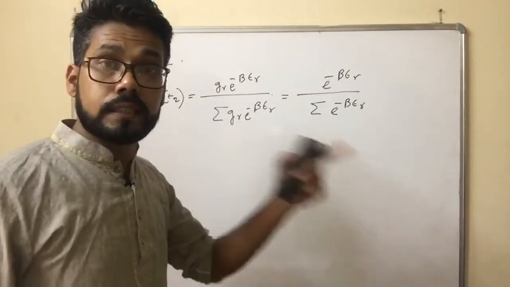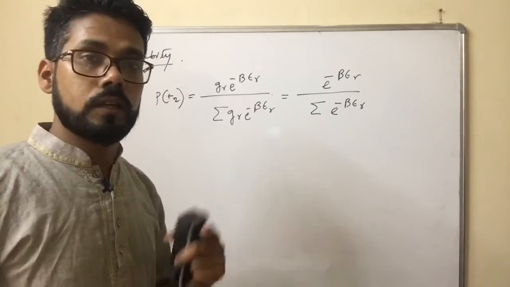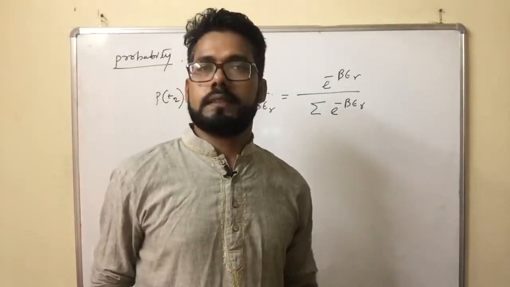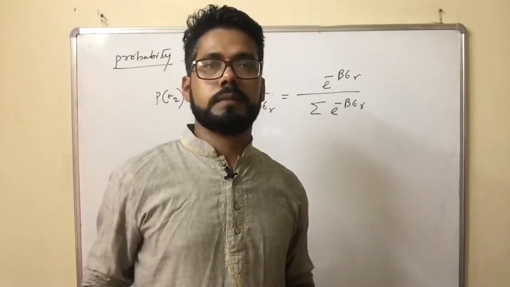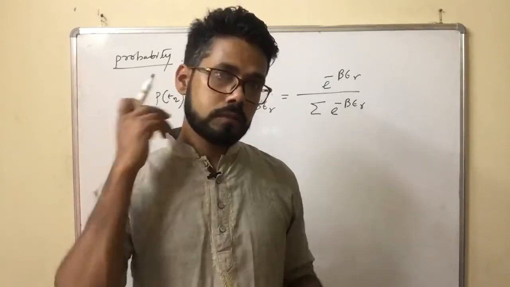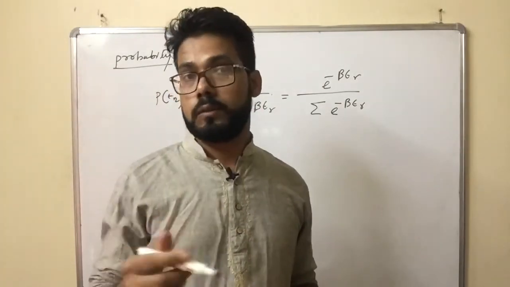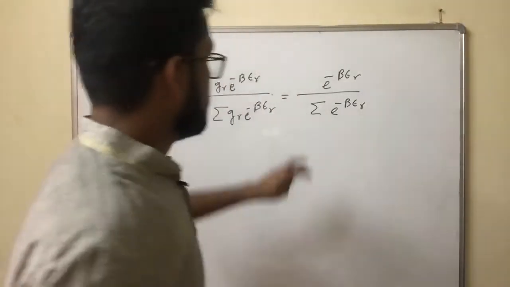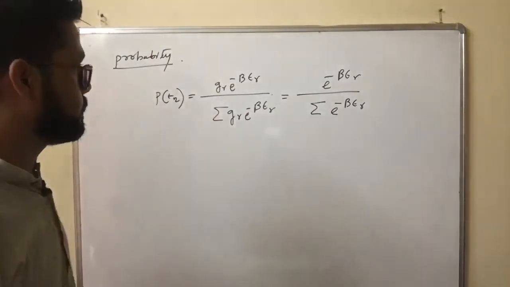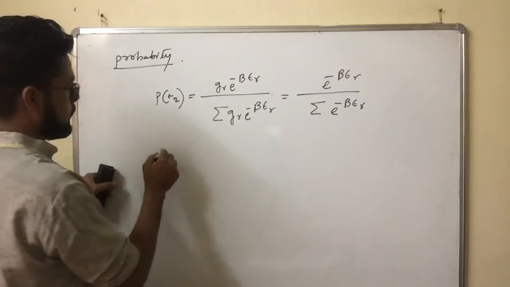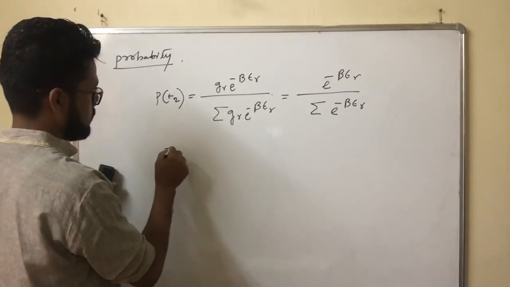Okay, what is degeneracy and what is non-degeneracy? I will tell you. Degeneracy we also know in quantum mechanics, in statistical physics, atomic physics, and molecular physics also. We'll discuss it, and you will understand easily whenever I do numericals. Just remember, this is the probability formula, and this is the first thing. Second is the partition function.